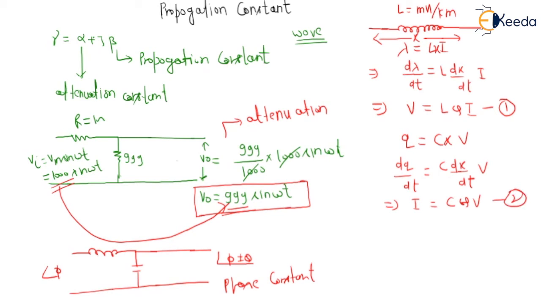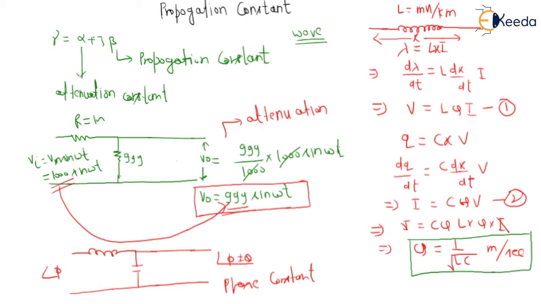Putting all the values, I is equal to C into V into v is equal to L into v into I. So I will be cancelled out, and v square will be equal to 1 upon LC, or v is written as under root 1 upon LC. So this is the velocity in meter per second. This is the velocity of the voltage wave or current wave traveling in the transmission line.